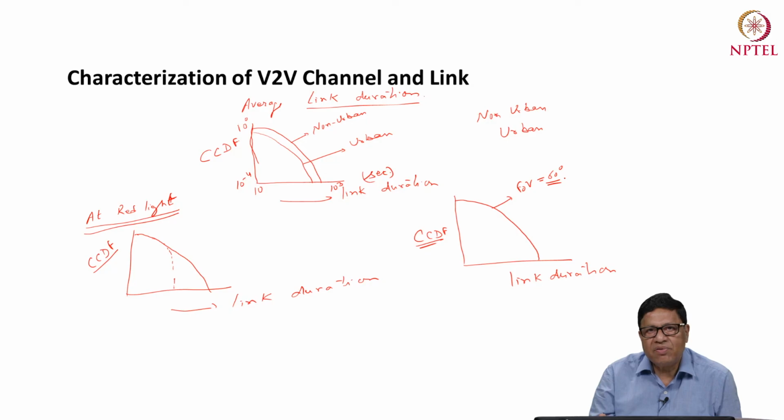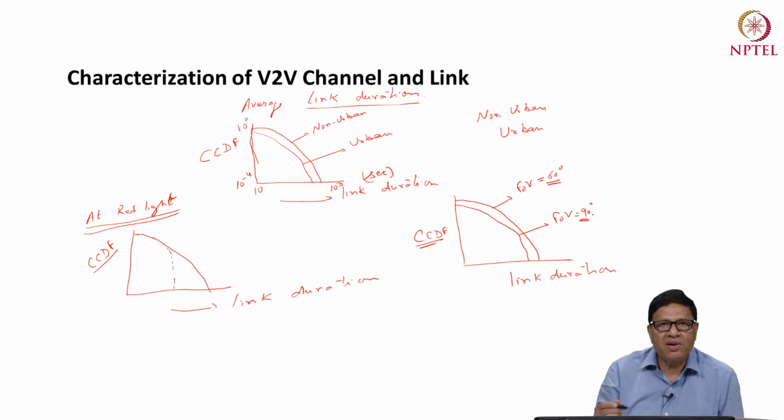If I increase the FOV to 90 degree, the performance will go down a little. This is FOV equal to 90 degree. Because if you have the wide FOV, that means it is getting interference in a larger area from different sources, different vehicles, which will actually increase the noise floor. So that is why you see the performance degrading when you increase the FOV of the receiver as compared to a smaller FOV.